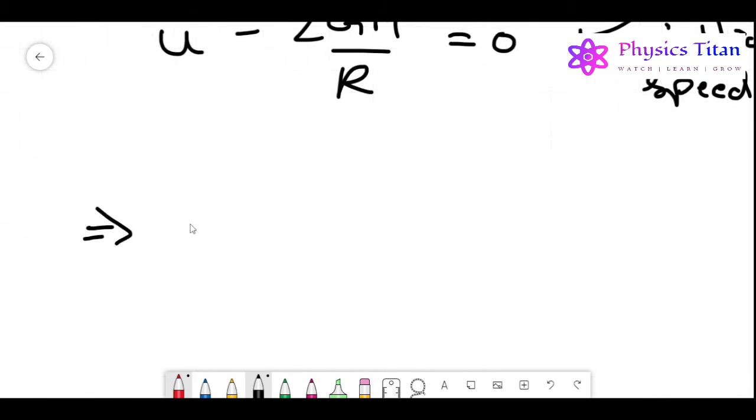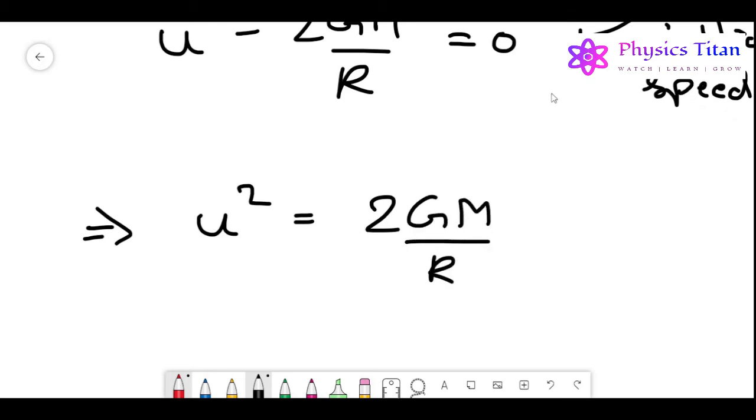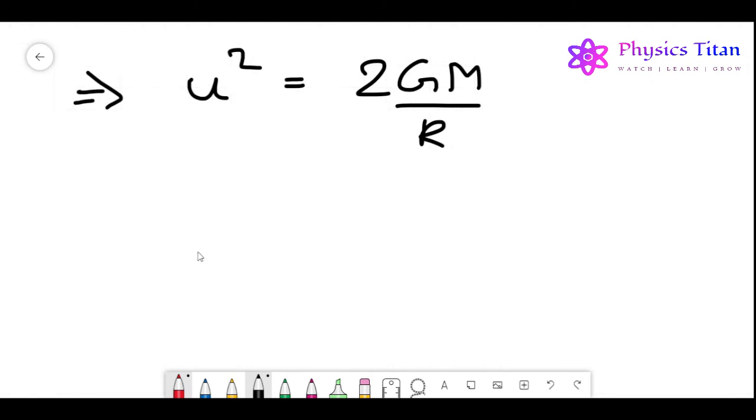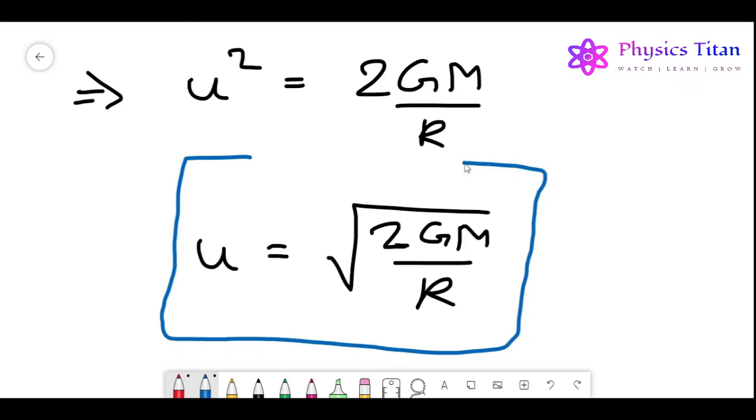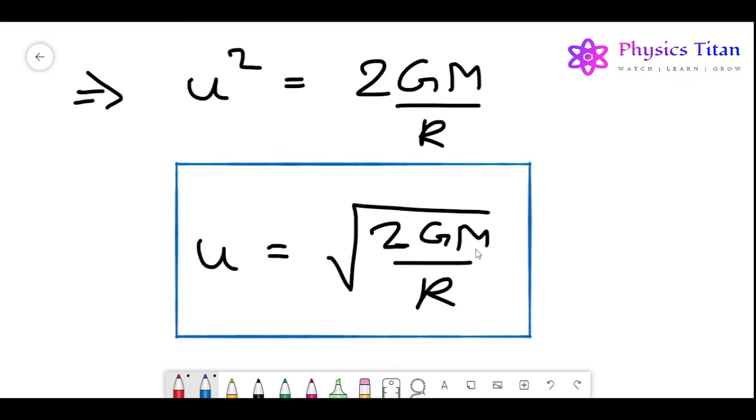Rearranging this equation, we will get u square equals 2gm upon r, or u equals under root 2gm upon r. This is the value of escape speed for a given planet of mass m and radius r.